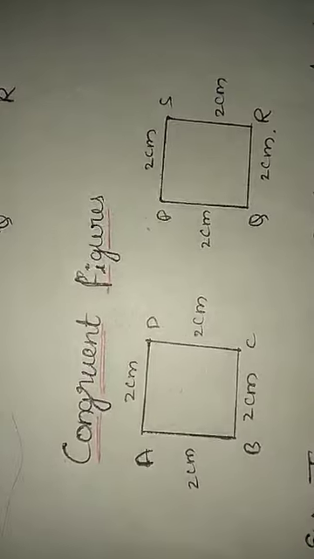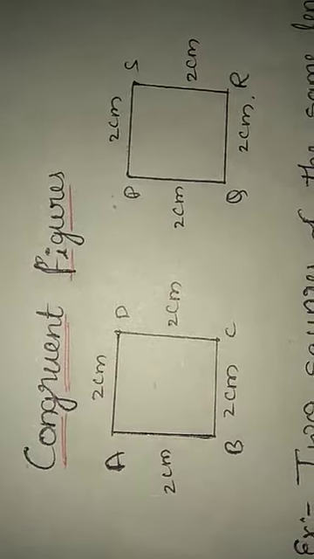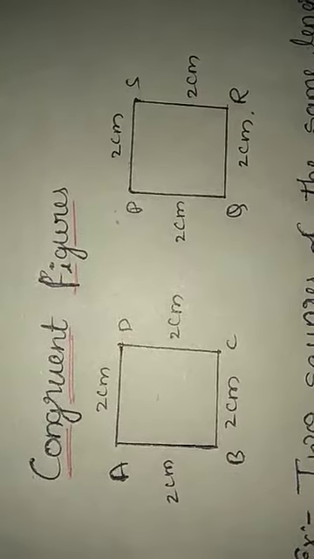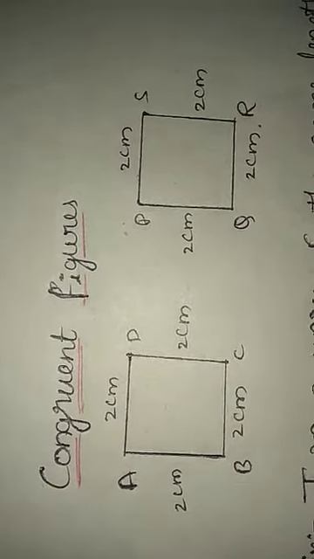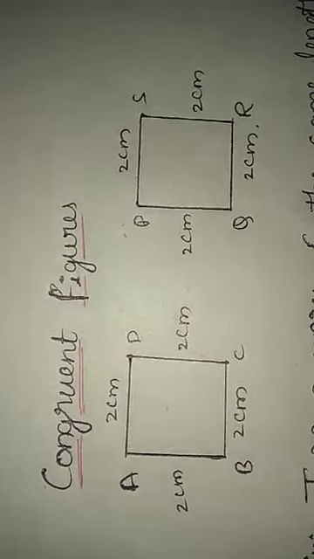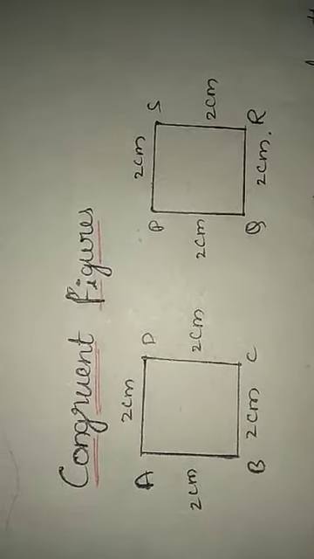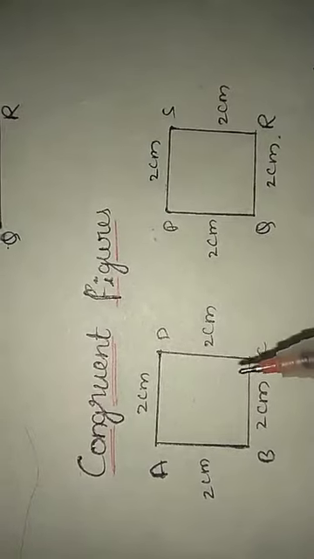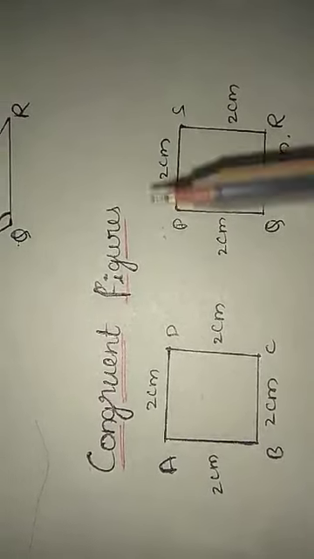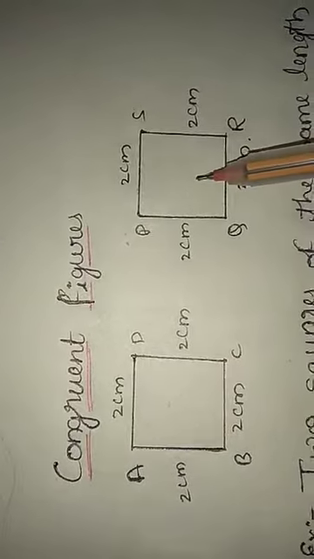Next comes congruent figures. We studied congruent figures in 9th standard. What does congruent mean? Two geometrical figures are said to be congruent if they have the same shape and same size. Suppose I have two squares.